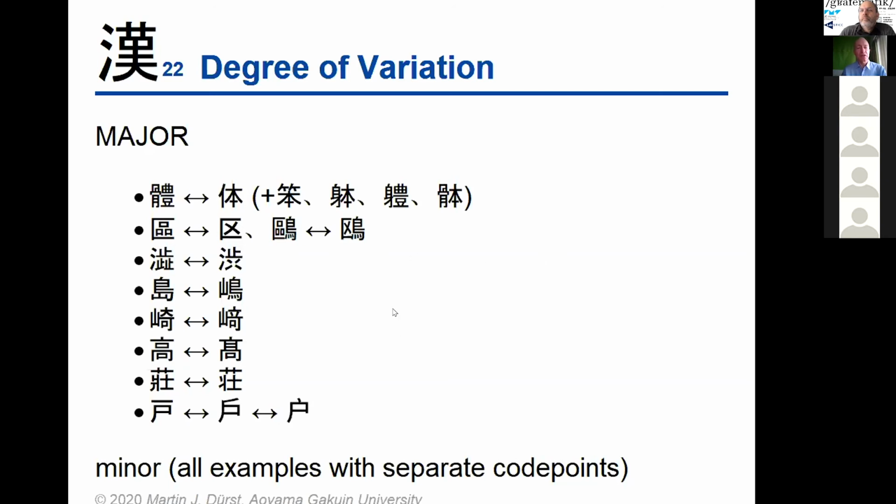All of these are explicit simplifications here. People know that these are just variants of each other. You research the reading of each of the characters, you research the usage and so on.